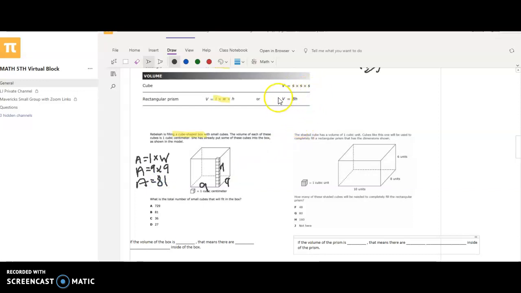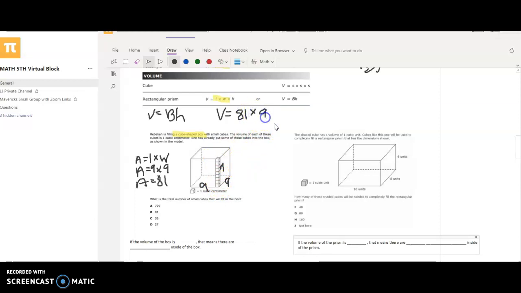Now, let's use our new formula that we learned just now to find the volume. Volume is equal to the area of the base times the height. And in this case, our area of the base is 81, and our height is 9.